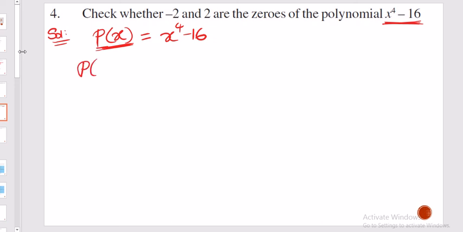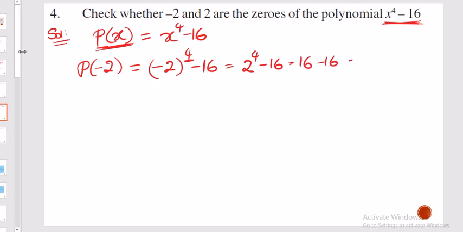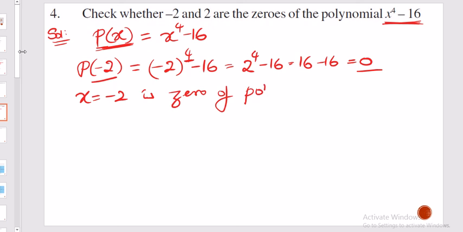First of all, we need to check p of minus 2. So p of minus 2 means minus 2 whole power 4 minus 16. Since the power is even, minus becomes plus. So 2 power 4 is 16, minus 16 is equal to 0. So p of minus 2 is equal to 0. That means I can say x equal to minus 2 is a zero of the polynomial p of x.